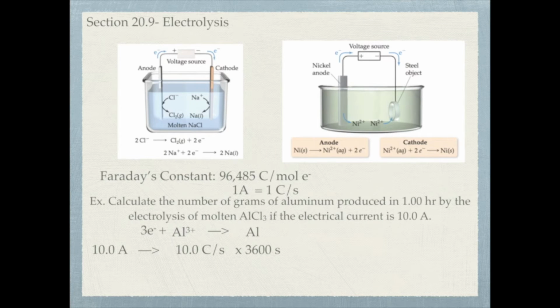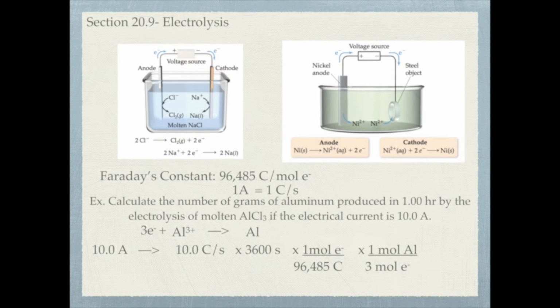And what I can do is get into moles of electrons by putting the Faraday's constant of 96,485 coulombs on bottom and 1 mole of electrons up top. The next thing that I need to do, though, is get into moles of just aluminum because I want to know how much aluminum I'm producing. Well, the reason why I wrote that reduction reaction above is because I know that 1 mole of aluminum is going to be produced for every 3 moles of electrons.